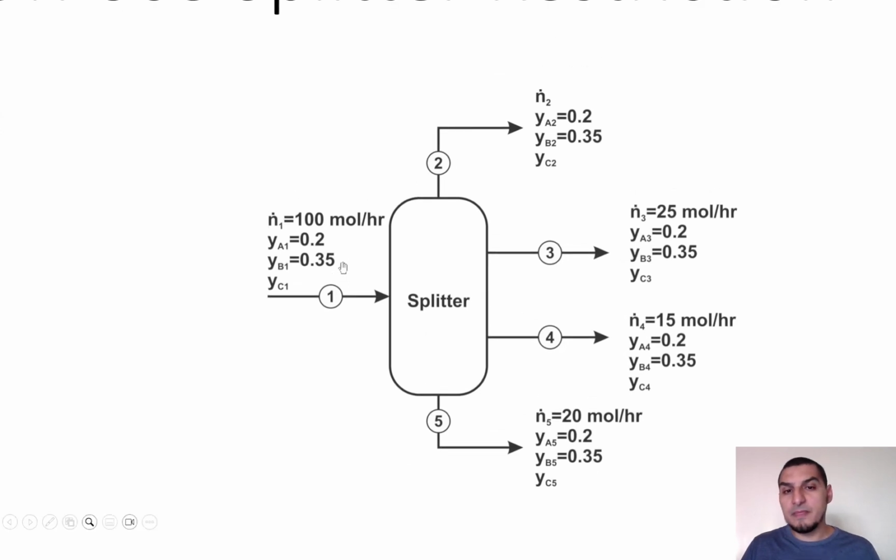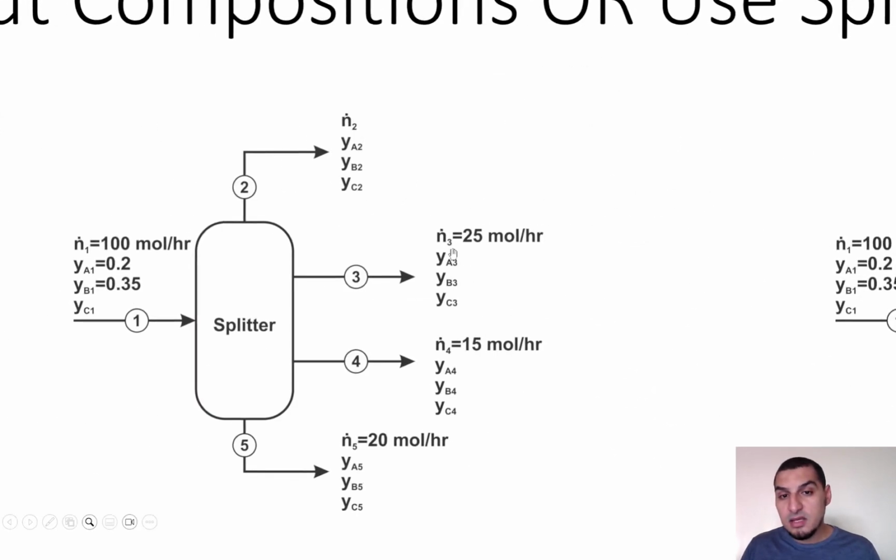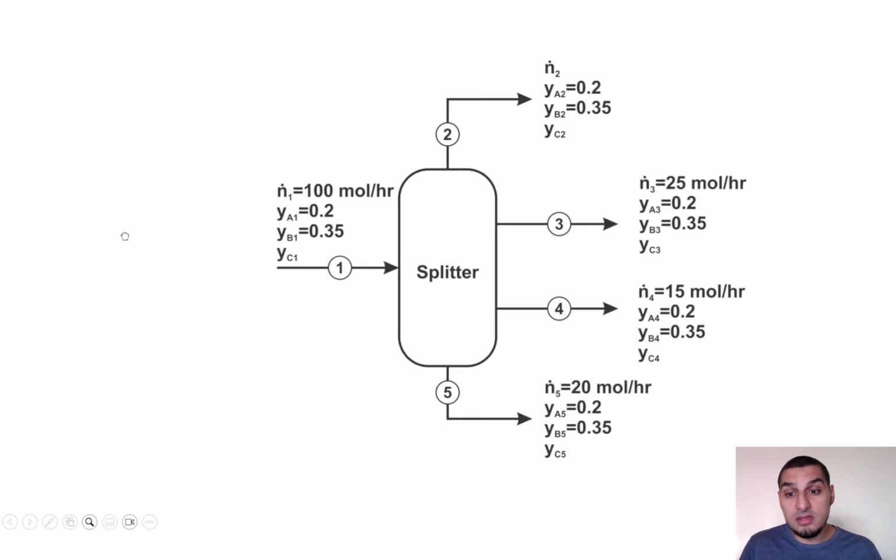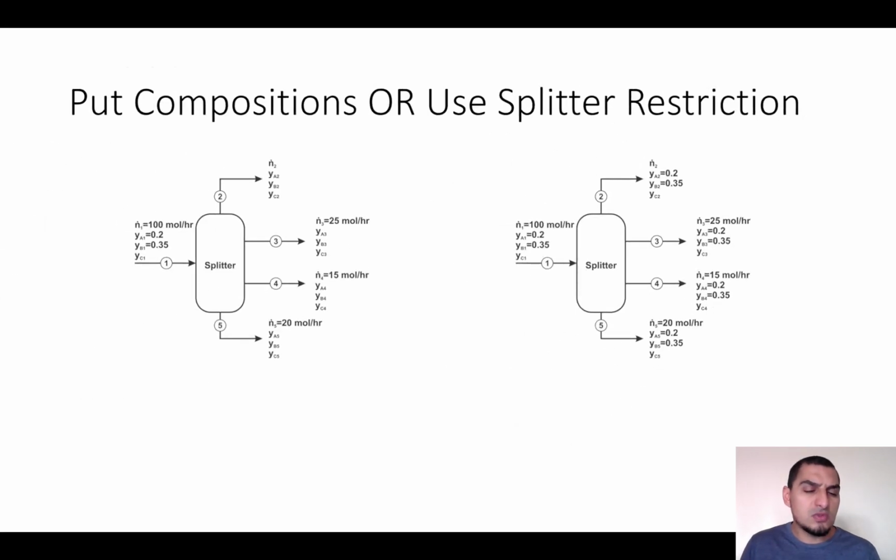In the previous case, the given compositions were only in this stream, while the knowledge of the splitter tells us that the composition here is the same as all the rest of the streams, which is right. We cannot claim that this is wrong.